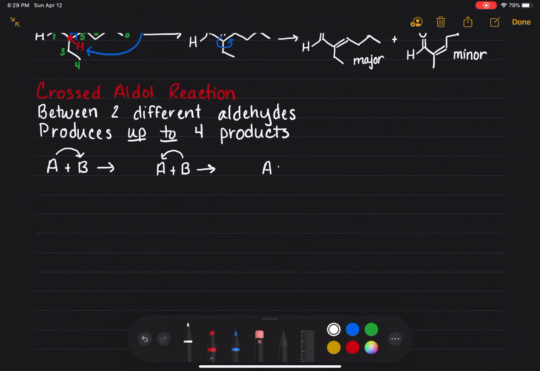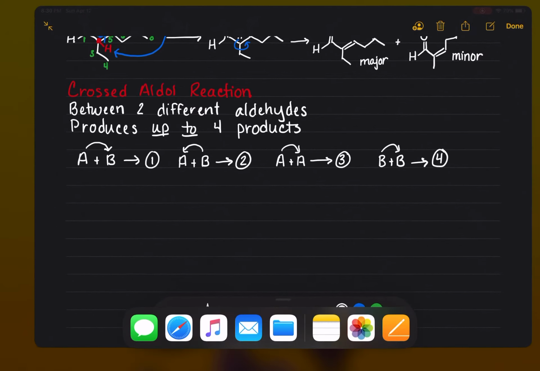And then even though we have 2 different aldehydes in there, there's nothing that's going to stop an A from reacting with an A and a B from reacting with a B. So that gives us a possibility of 4 different constitutional isomers, and then even more if we're counting cis and trans. So let's take a look at how we can get that many products from a crossed reaction.